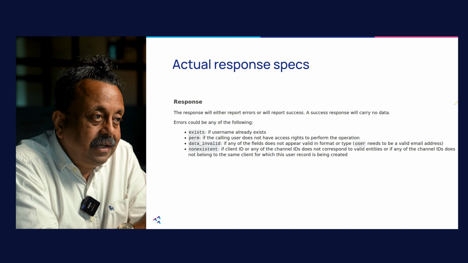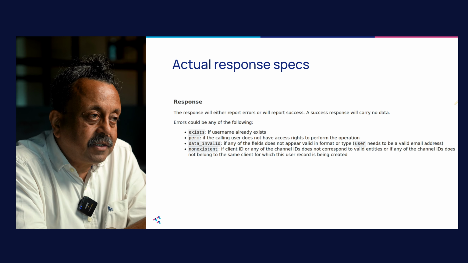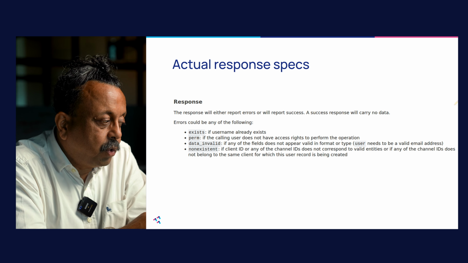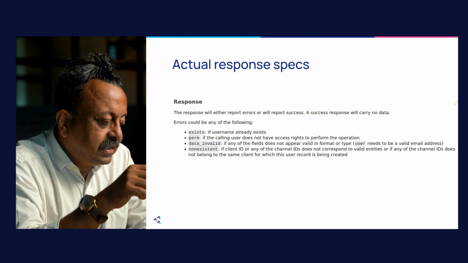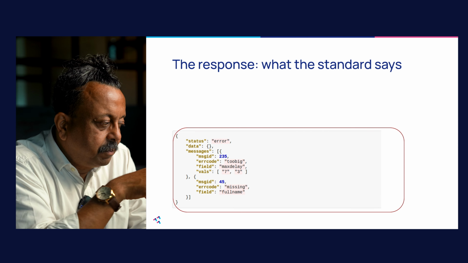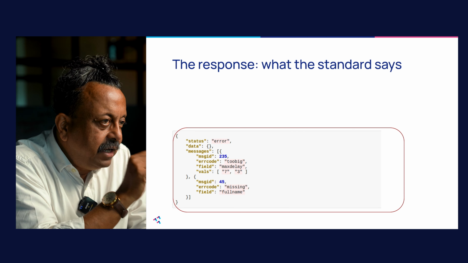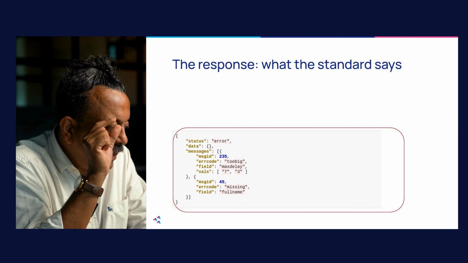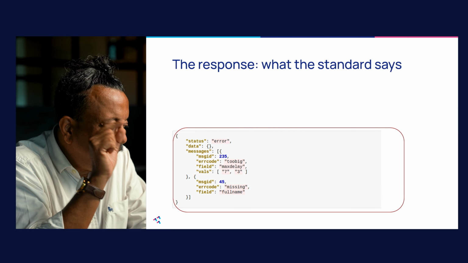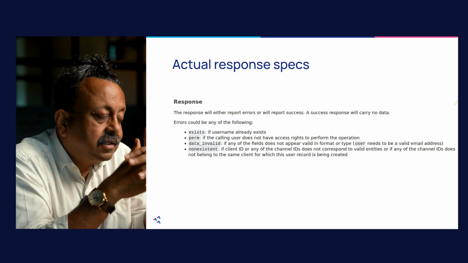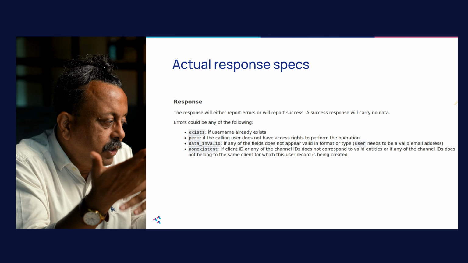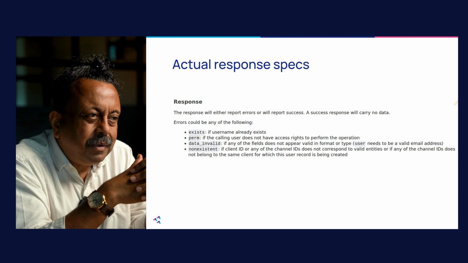When it fails, these are the possible errors which it can generate. These are the error codes. We have already seen in the previous example that there is a field in every element of the messages array called error code. Those error codes are listed here. This particular web service can return these various error codes. So, this is probably a user create web service.